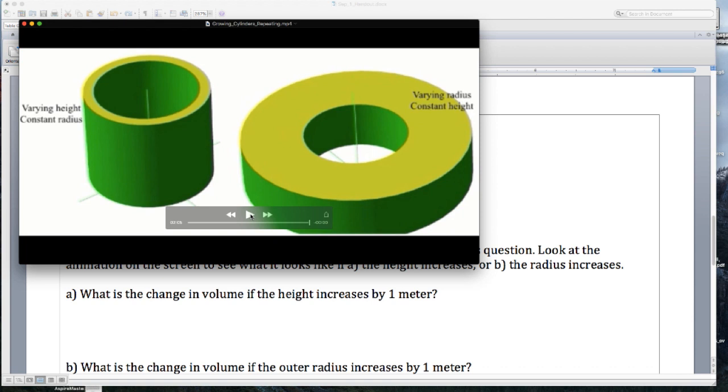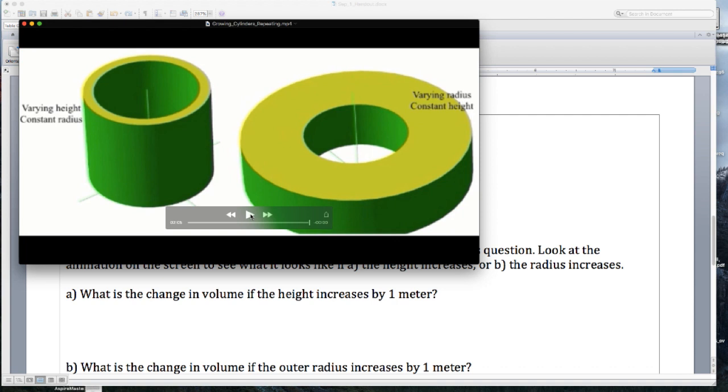You're going to have one answer. That's with both height of 3. Yes, that's your final. So you increase the height by 1, but now you've got to subtract when your height was 2, because you're trying to find the change in volume.